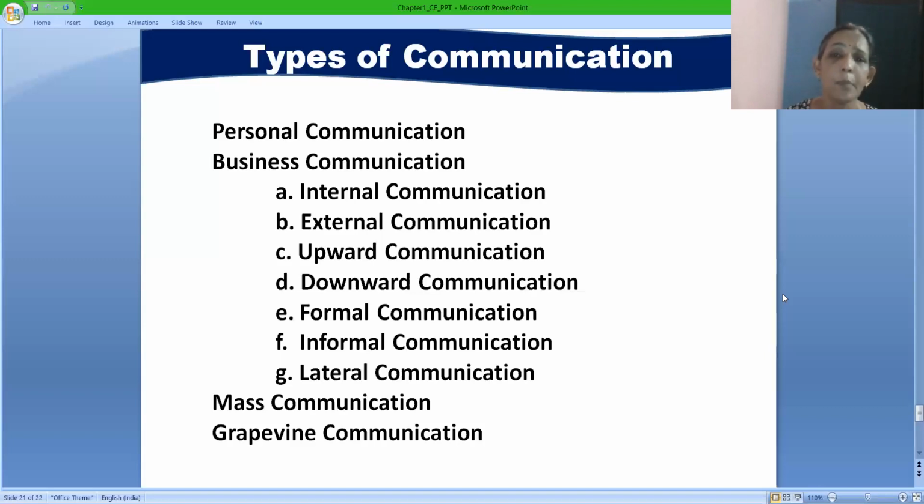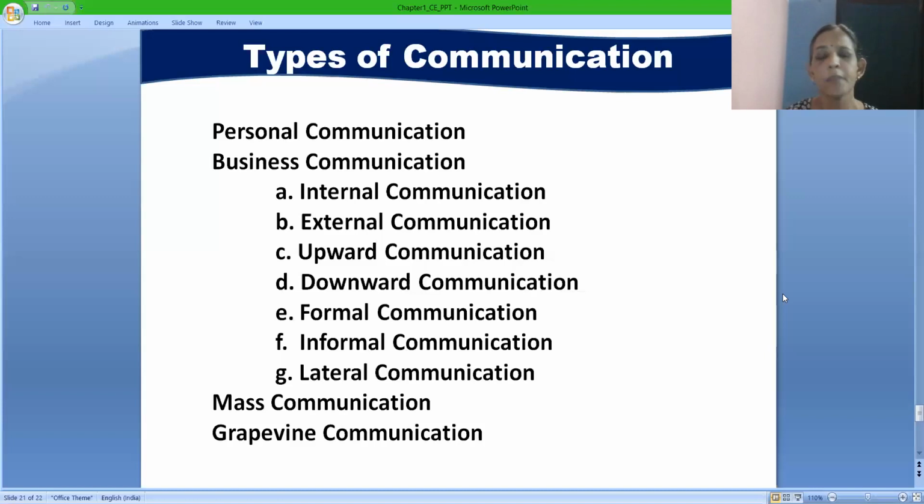Lateral communication happens between one department and another within an organization where the levels remain the same. The hierarchy will not change. You need to remember that the hierarchy and the level remain the same, but the sections may vary, and the position may vary from one department to another.